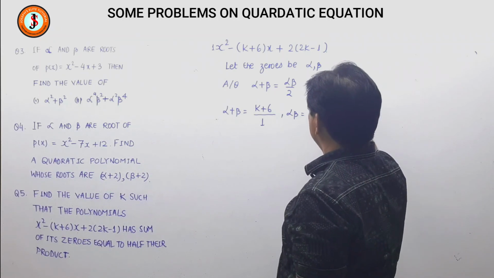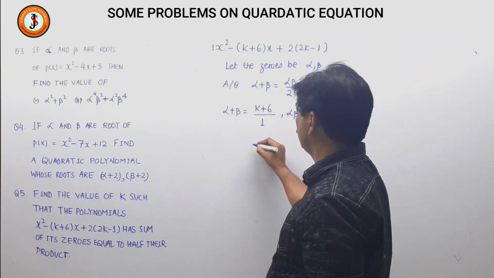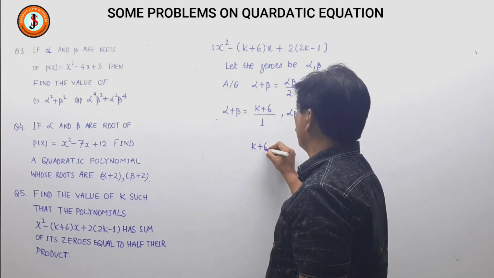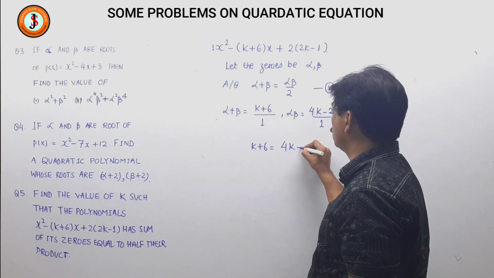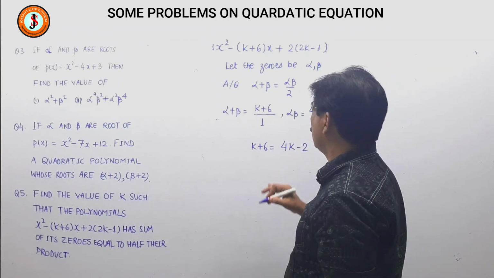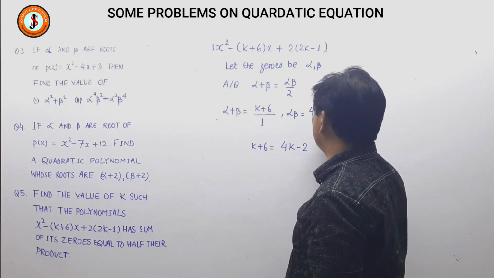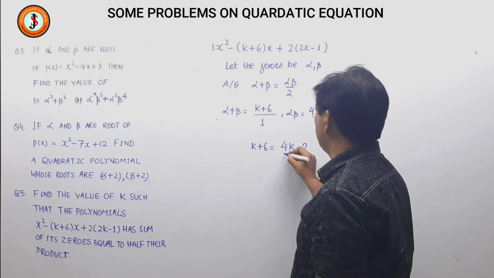Now I place these values in the equation above. Alpha plus beta is k plus 6. Alpha into beta is 4k minus 2. Now the k goes this side. So alpha plus beta is equal to alpha beta by 2.